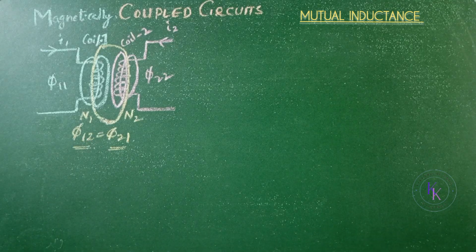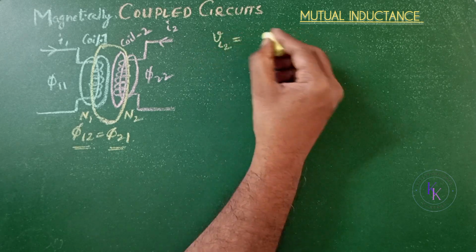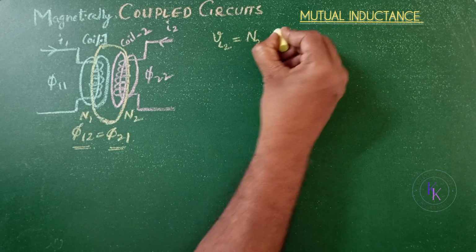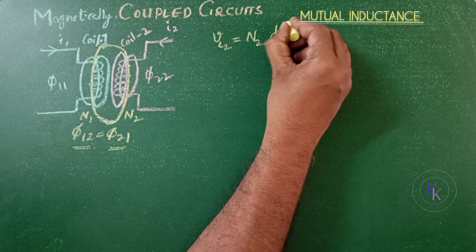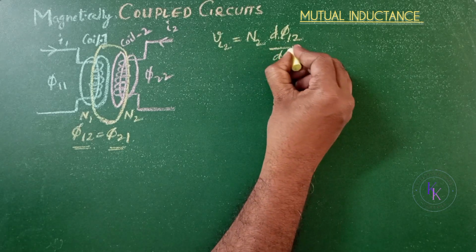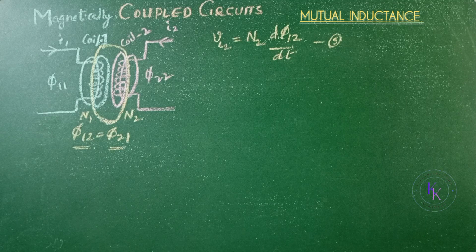The induced voltage in coil 2, VL2, is given by the number of turns in coil 2, that is N2, multiplied by d of the flux in coil 1 linked with coil 2, that is phi 12, divided by dt. Let it be equation 5. Since phi 12 is related to the current of coil 1, its induced voltage is proportional to the rate of change of the current I1.